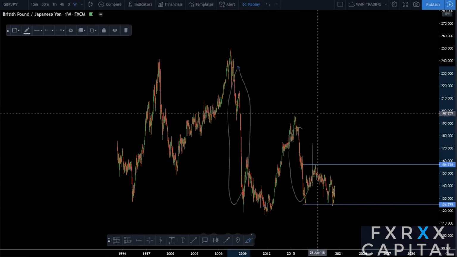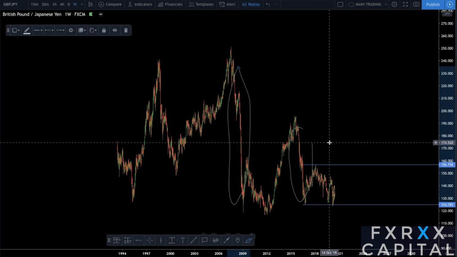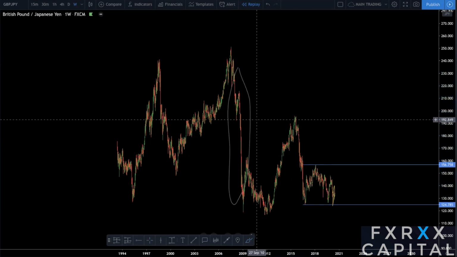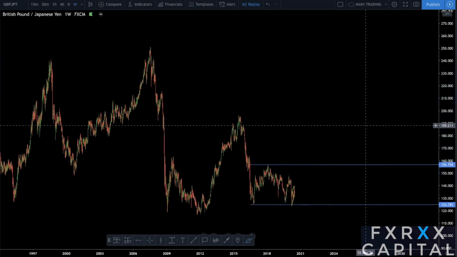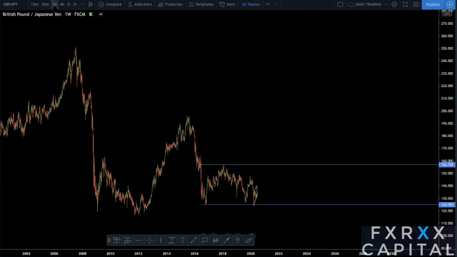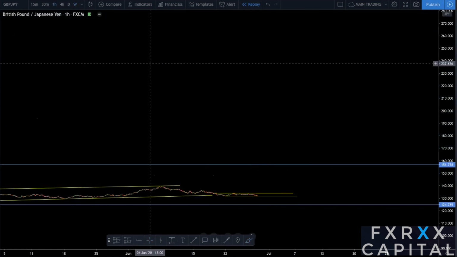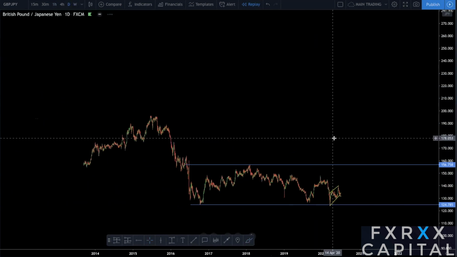I do not put the bias of I love gold more than Euro to USD. No, for me it's the structure I trade. Okay, we got our risk management. So any mistake, we got room to make mistakes. So, descending channel.